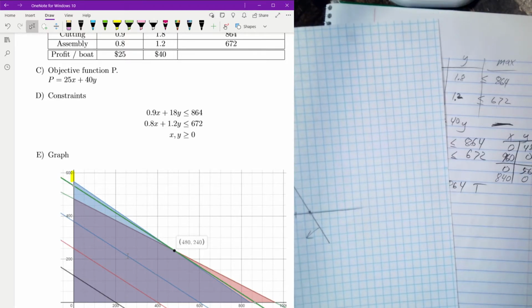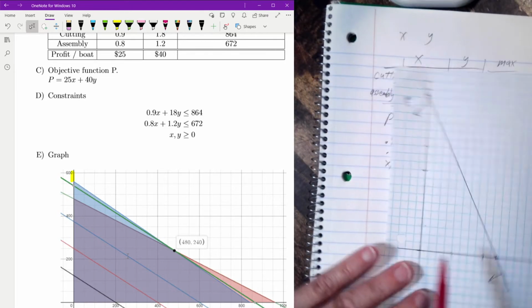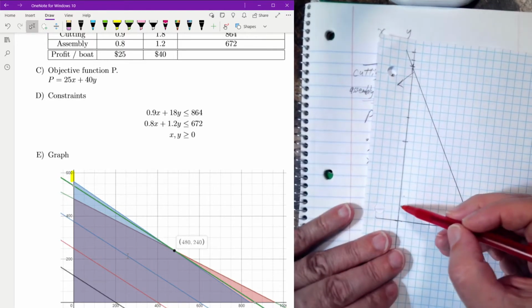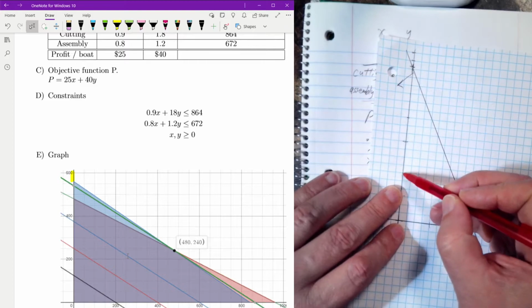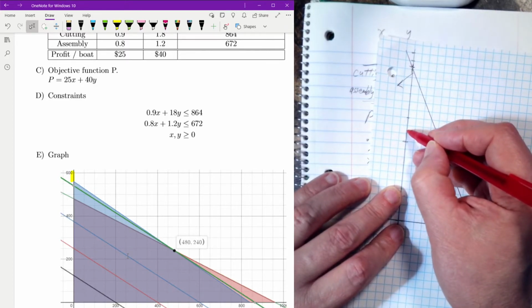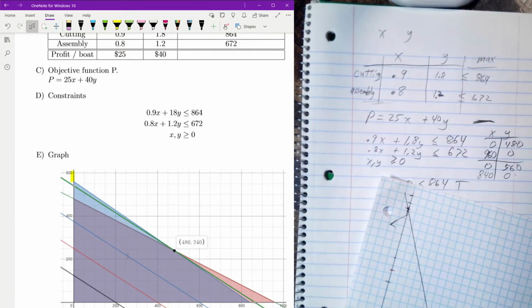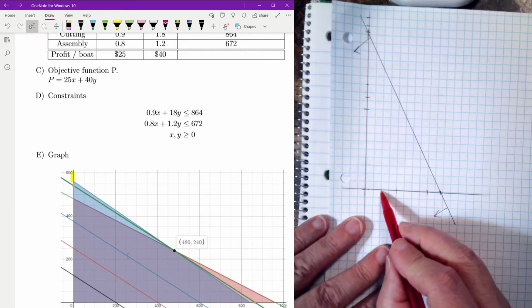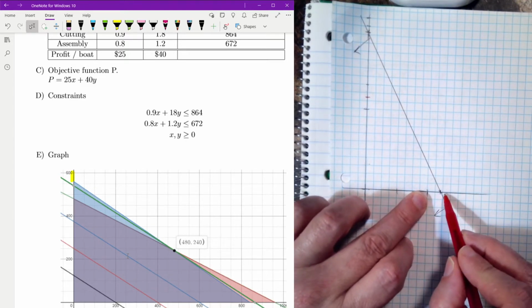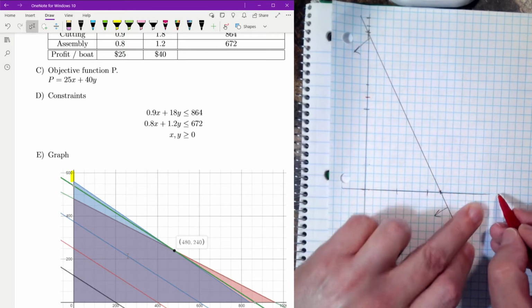So you've got 0 and 560. One, two, 3, 4, 5, 50, 60, and 840. $840.